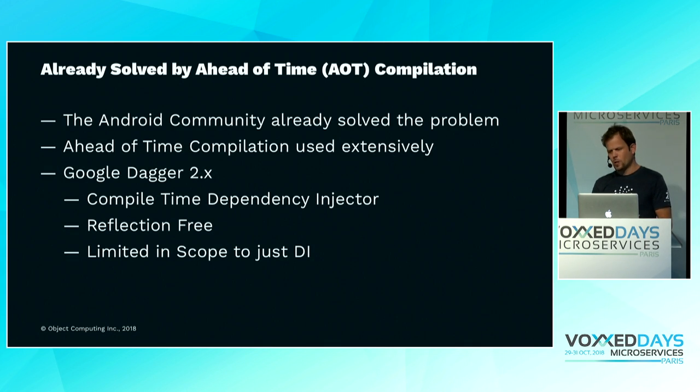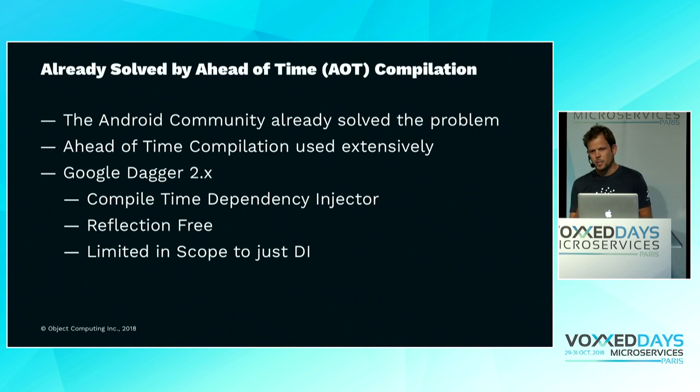And all of these problems are already solved with something called ahead-of-time compilation. The Android community have already solved this problem. On Android, ahead-of-time compilation is used extensively. Any of you heard of Google Dagger?